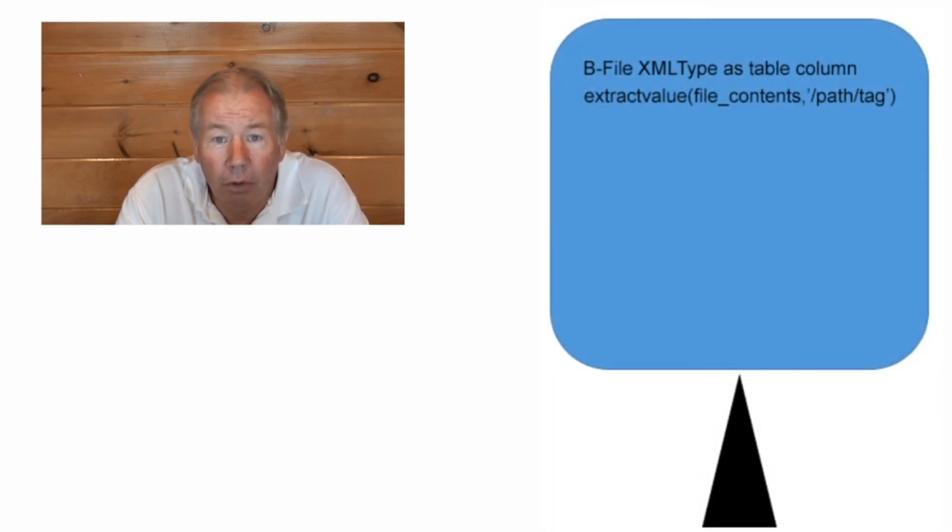Next, we learned how to extract values from within an XML file. Pretty straightforward stuff. Once you know the syntax, you just say extract value, the field in which the XML content is stored, and then the XML tag path you need to follow to get there.